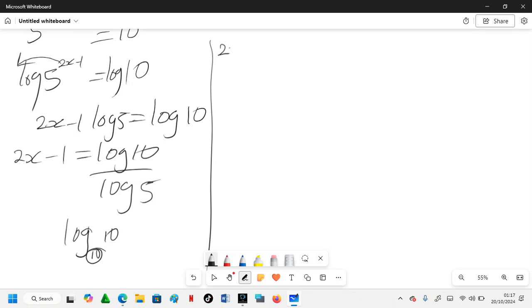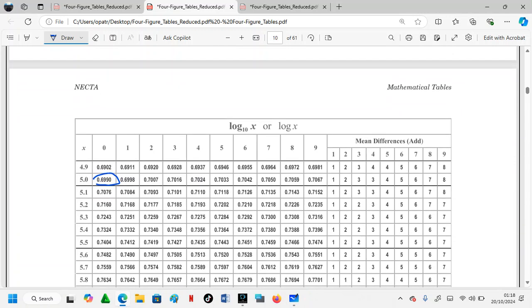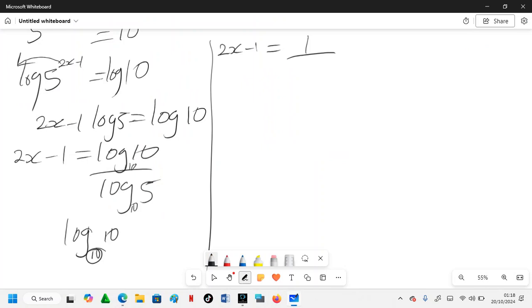So we have 2x minus 1 being equal to log 10 to base 10, that is 1, over log 5, and log 5 is 0.6990. So let's just put it in. Alright, and then we bring the 1 to the other side.